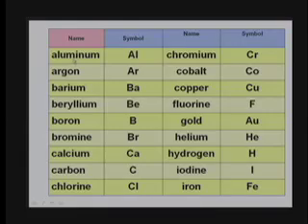So the first one is aluminum, and you notice it's aluminum. That helps you get the spelling, A-L-U-M-I-N-U-M, and it's capital A, small l. Next one is argon, A-R. Barium. It might be helpful for you to locate these on the periodic chart. I'm just pronouncing them from the table.